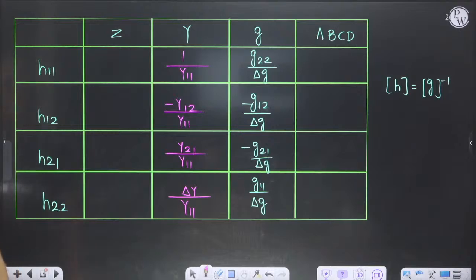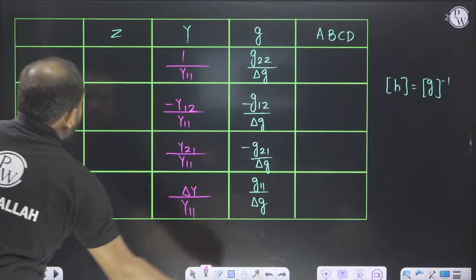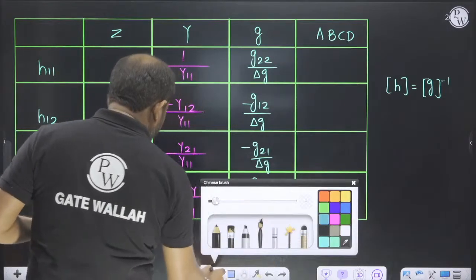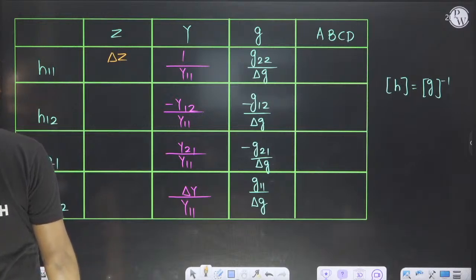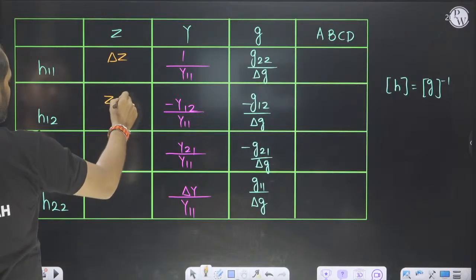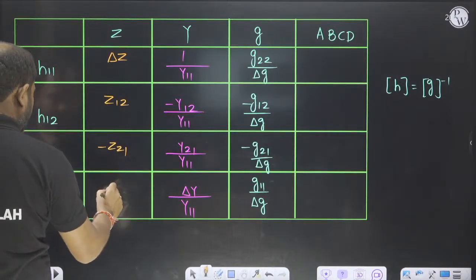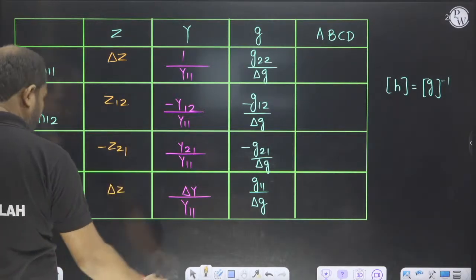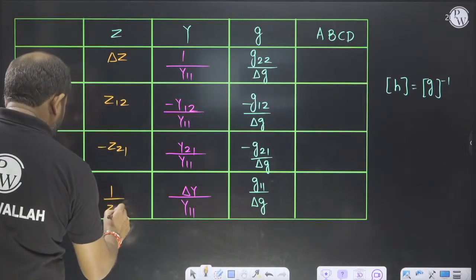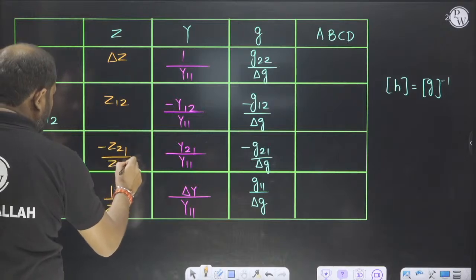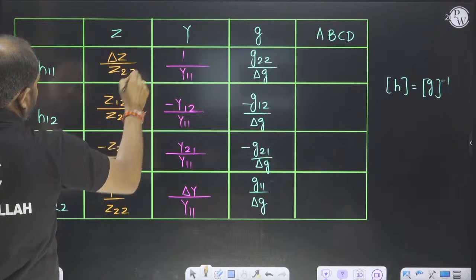In terms of delta Z, Z12 minus Z21 and delta Z, 1 by Z22, and delta Z by Z22.